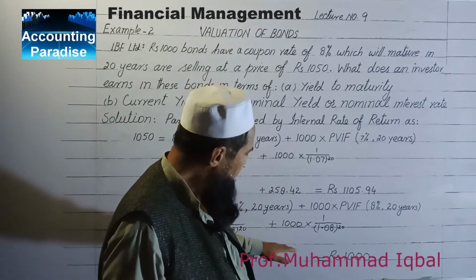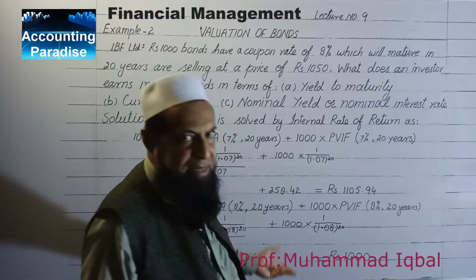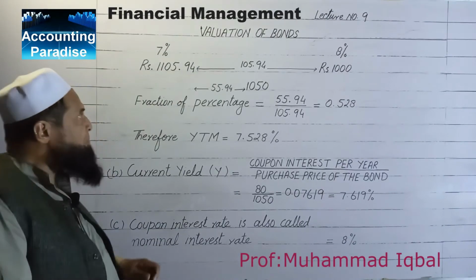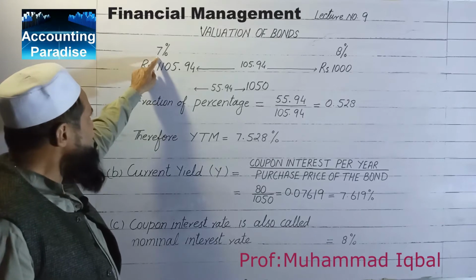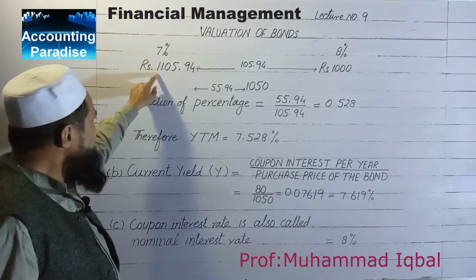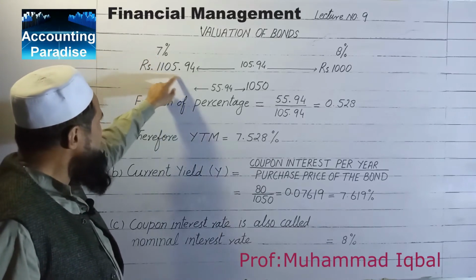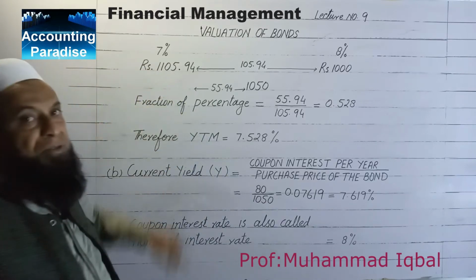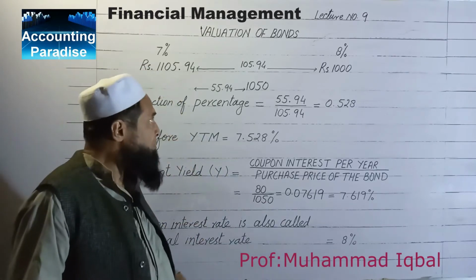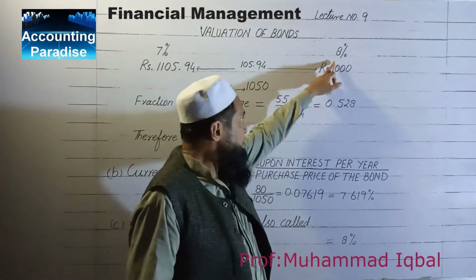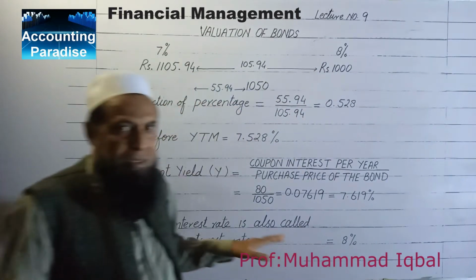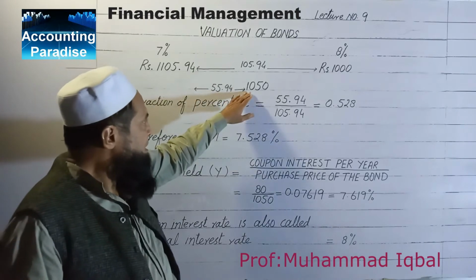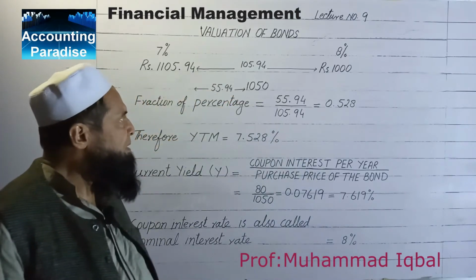We will now calculate what is the exact rate. On the previous board, you have seen that at 7% the value of the bond was 1105.94 and at 8% it was rupees 1000, but the bond was selling at 1050.